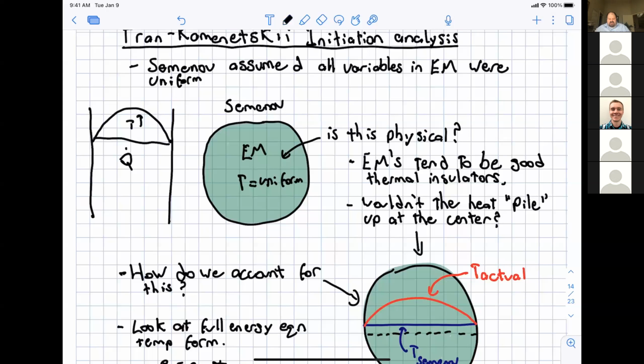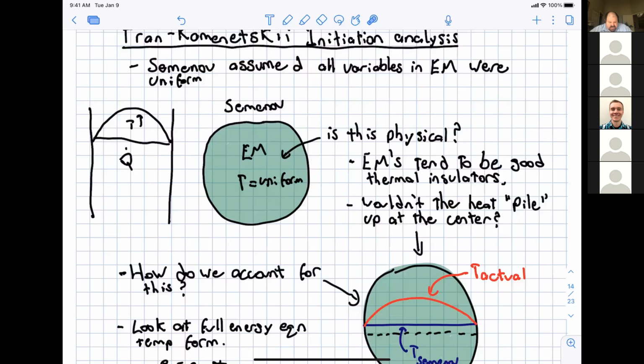And the equation accounting for the spatial dependence of temperature is a nonlinear heat equation. So a lot of the same physics still applies.